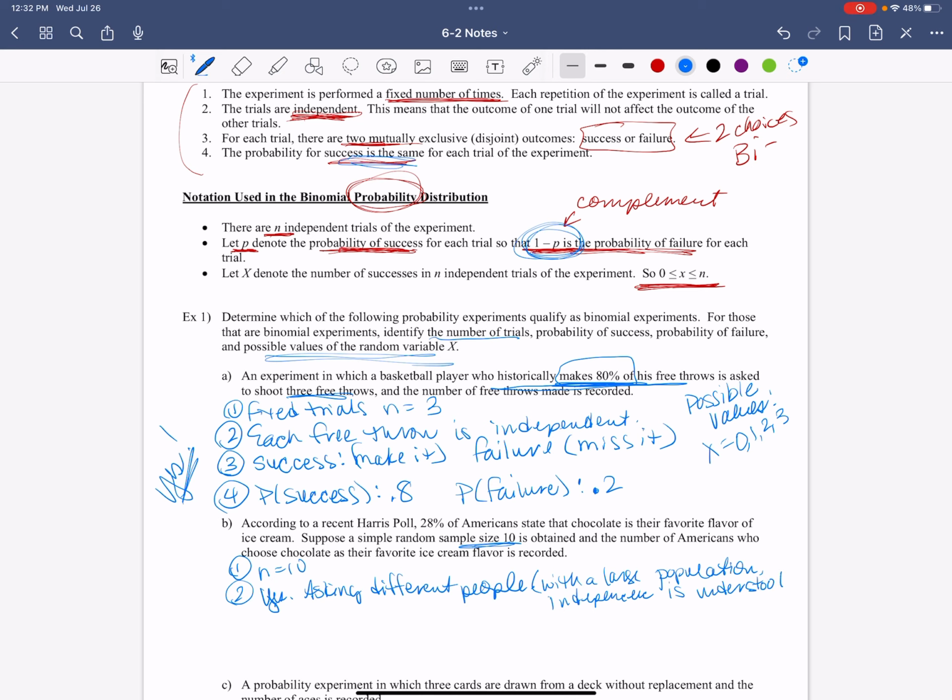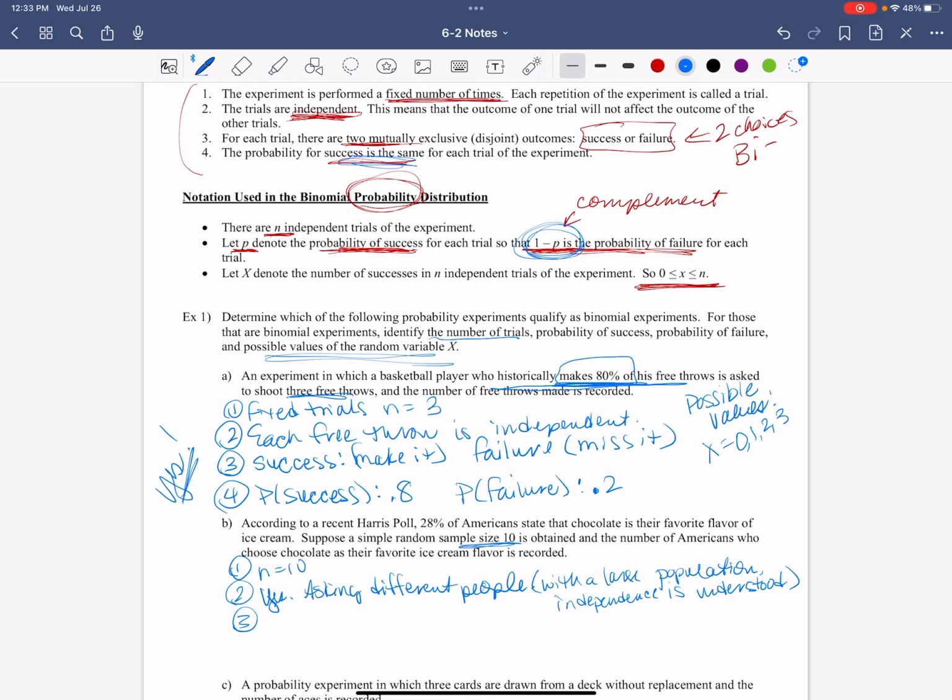Oops, it's not writing. Gosh, that looks really bad, doesn't it? Independence is understood. All right, so yes, we're asking different people. That makes an impact, and it's understood that there's enough people out there that it makes an impact.